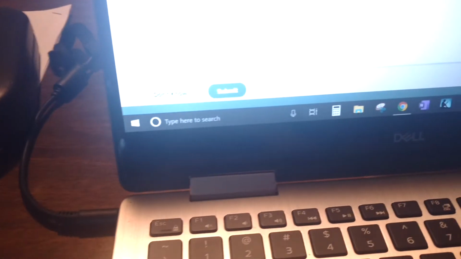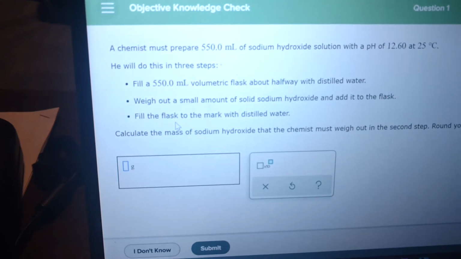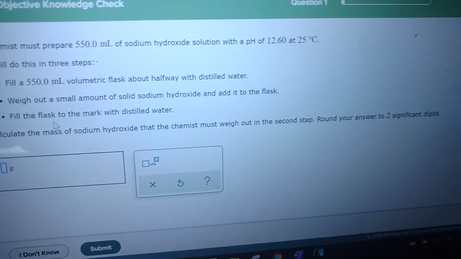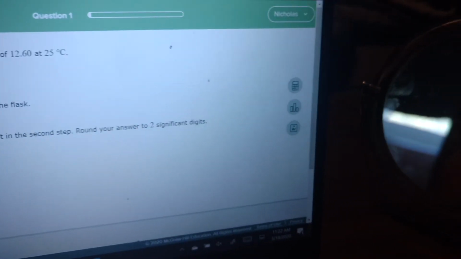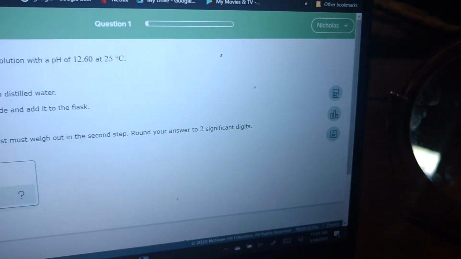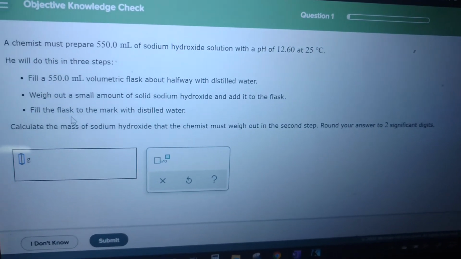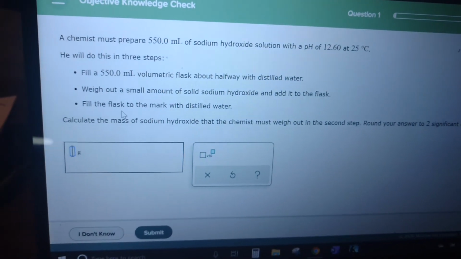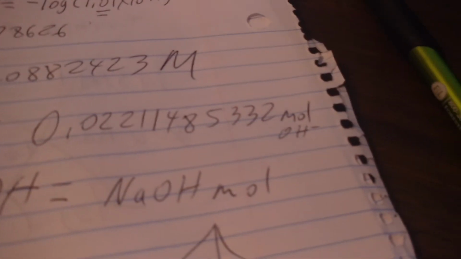And what they're asking for is the number of grams needed, the mass of NaOH, which, by the way, is sodium hydroxide, if you missed the nomenclature there. So now all we have to do is figure out from this how many grams we have.